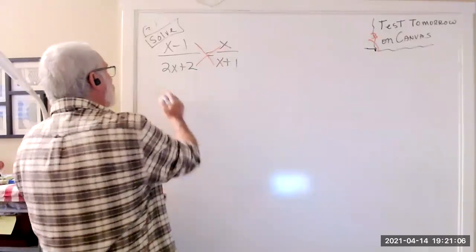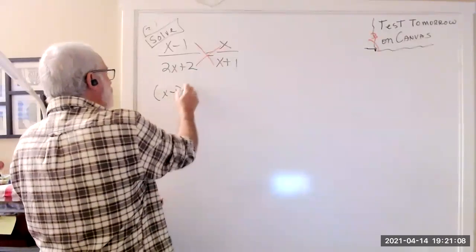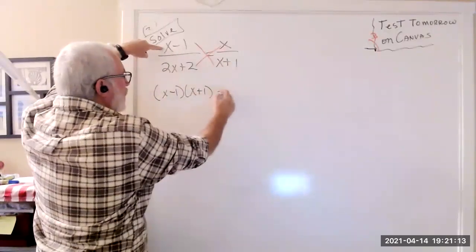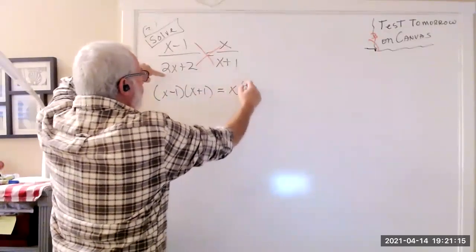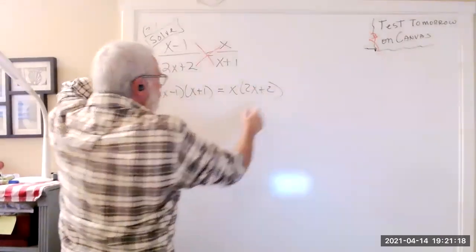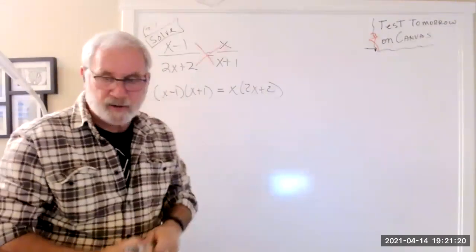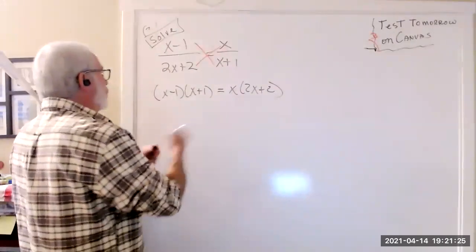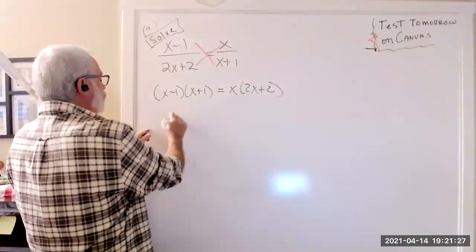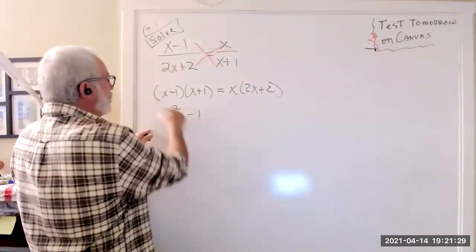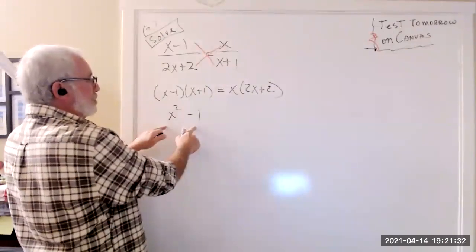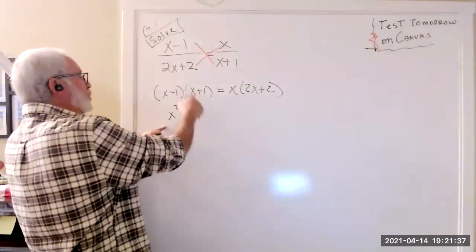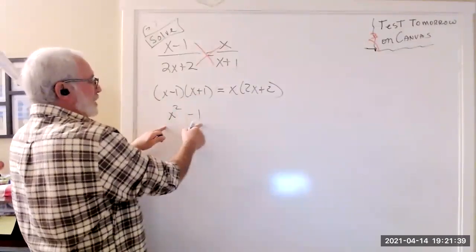So your work would look something like x minus 1 times x plus 1. That's crossing these ways and multiplying, equals x times 2x plus 2. That's crossing the other way. This, when you multiply it together, should be x squared minus 1 because it's a difference of squares problem. Or go to your scratch paper or use the matrix or do whatever. But it turns out to be x squared minus 1.